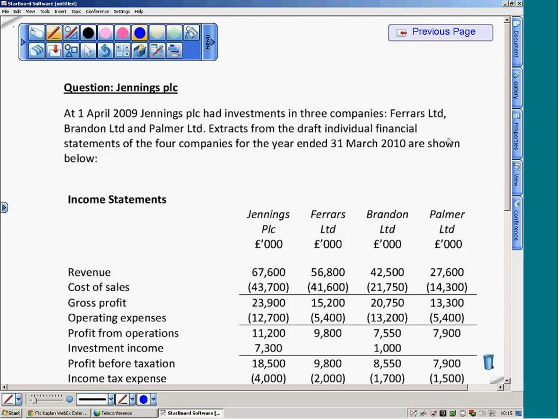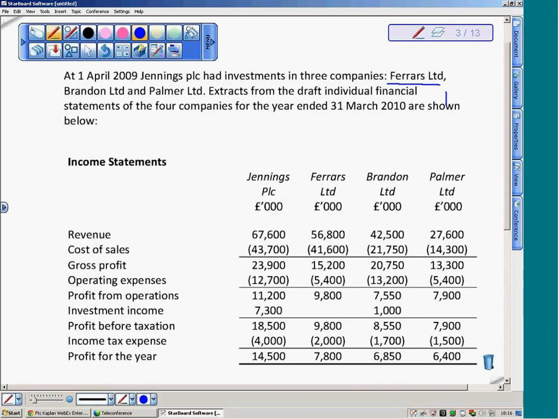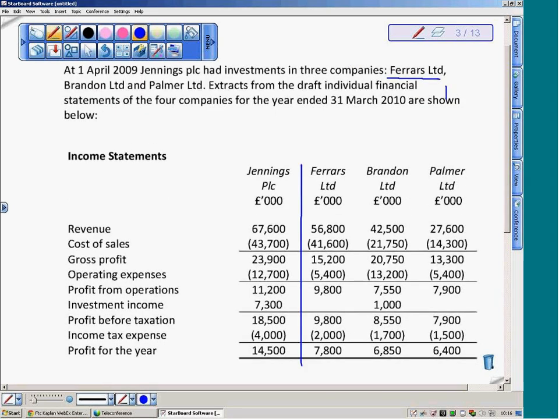We go to the question, and it reads, so this is the core requirement. Having been read, now reading the detail of that requirement, it tells us that at 1st of April 2009, Jennings PLC had investments in 3 companies. Okay, what we do know is that Ferrers Limited has been disposed of. What I might be inclined to do is just box around the subsidiary that I know has been disposed of. That will remind me to deal with that separately as a profit or loss on discontinued operations.